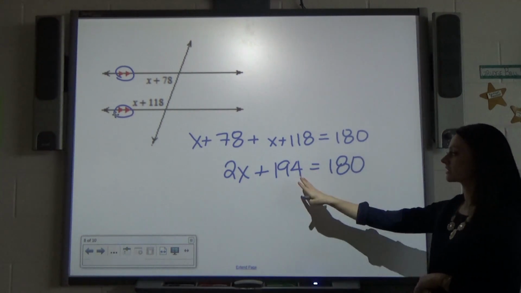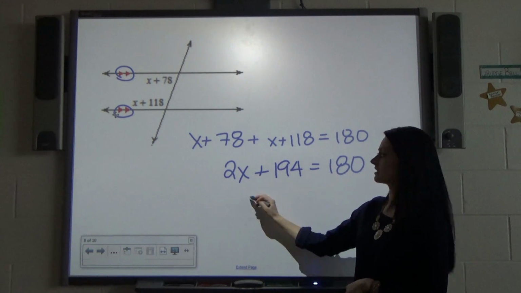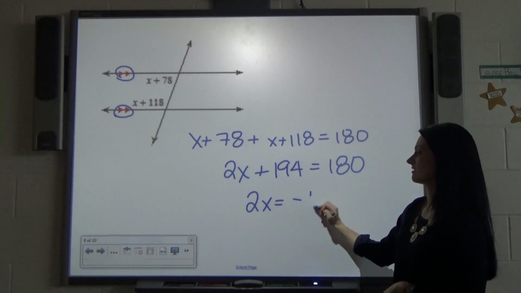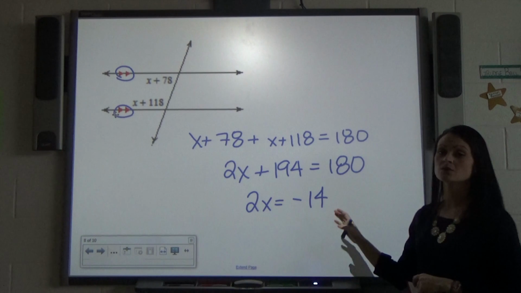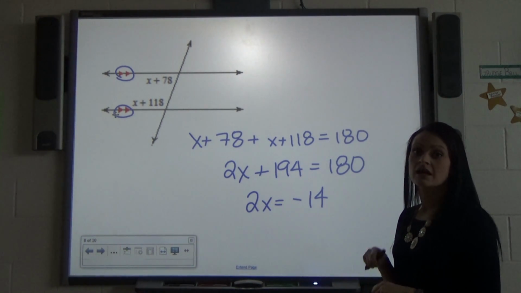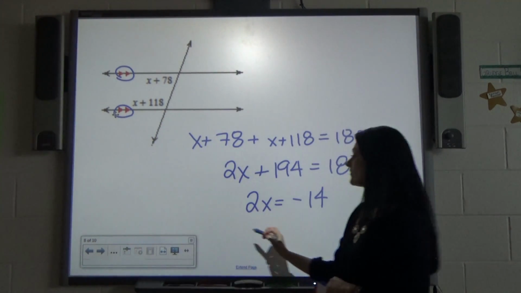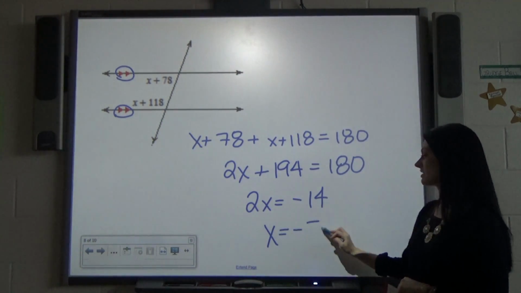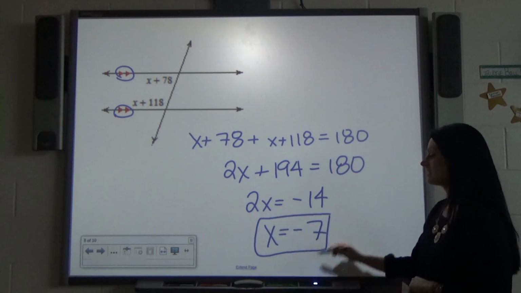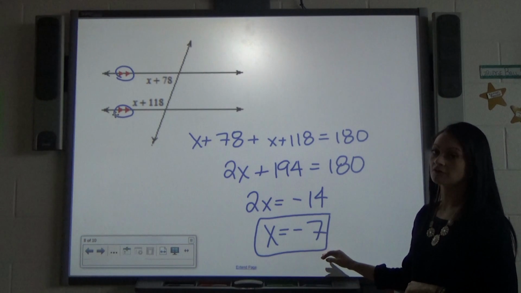Now you might start getting a little worried because you can see that when I subtract 194, I'm going to get negative 14. And that's okay because x does not represent an angle. X is a piece of the angle that I've been given. So the fact that x in this case ends up equaling negative 7 is okay because x is not the angle itself.